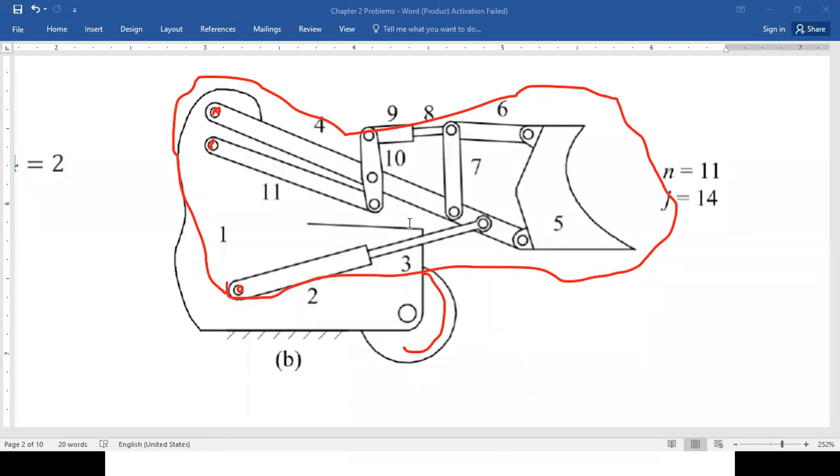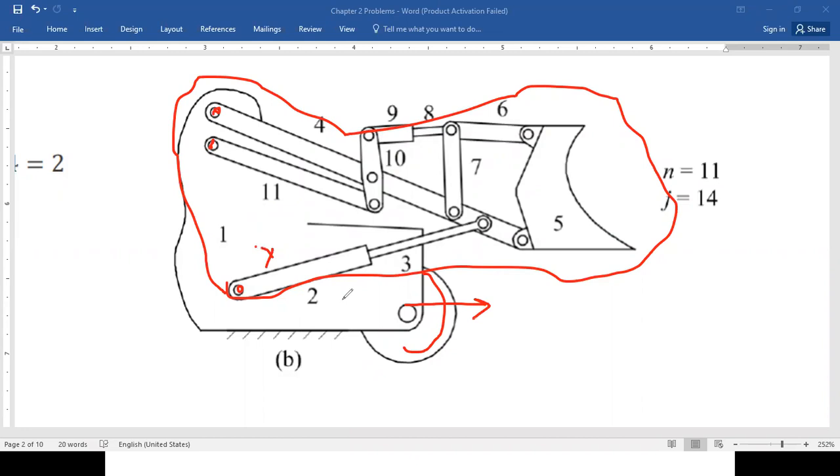Let me check your charts. Yeah, the wheel will move the whole body. It will cause the translation of your reference, but with respect to the reference, I just consider the motion of the mechanism with respect to the reference, as if I'm fixed to it.